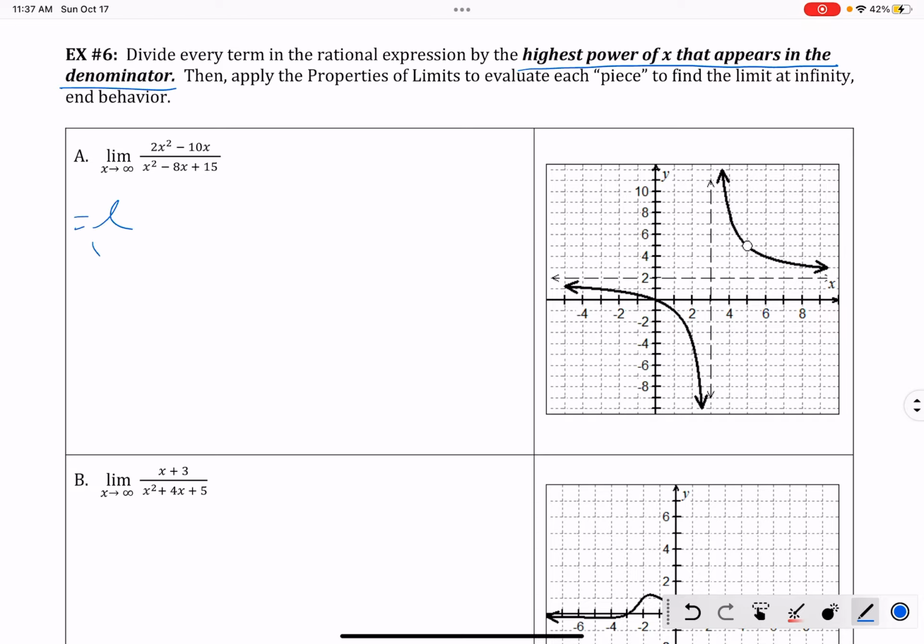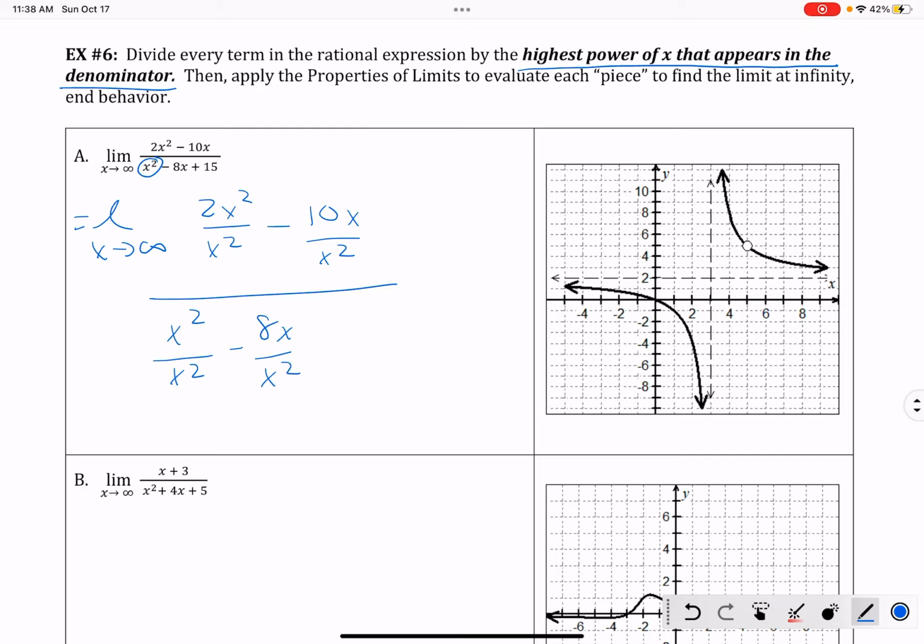So the limit as x goes to infinity, we're just going to take the highest power in the denominator, that highest term, which is x squared, and divide everything by x squared. So the first term, we'll divide by x squared, and then the 10x, and then in the bottom, divide this by x squared, plus 15x squared.